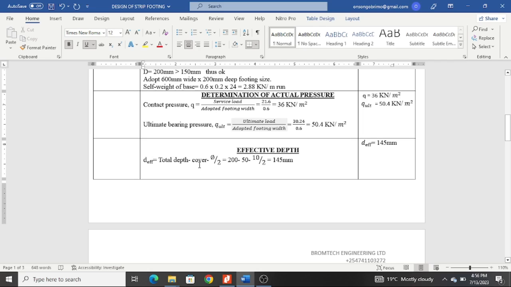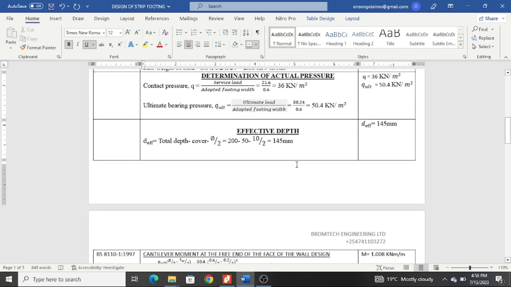Then you subtract cover from the bottom. This gives you minus 50. And then you subtract reinforcement divided by 2, so that you can go to the center of your reinforcement. Because we are assuming we are using T10s, when you divide by 2 it becomes 5. So 200 subtract 55, you get 145 millimeters. Therefore that is the effective depth of our strip footing.